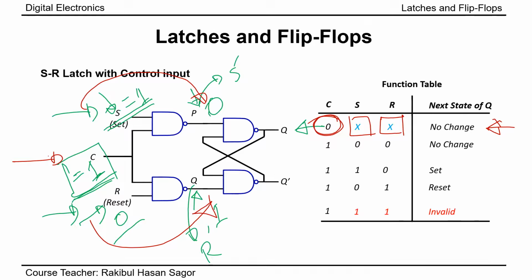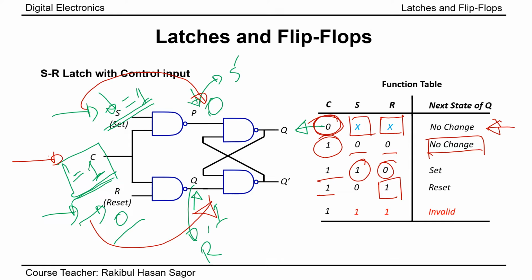If the control signal is equal to 1, for S equal to 0, R equal to 0, it will hold the previous data. That means no change. If the control signal is 1, then S equal to 1, R equal to 0, that means the latch will set. If the control signal value is 1 and S equal to 0, R equal to 1, it's reset, and 1 1 is an invalid case, like the previous case.